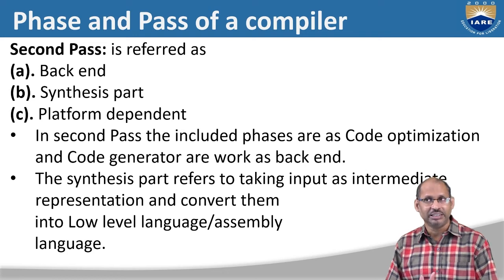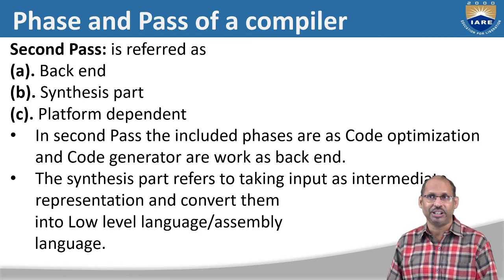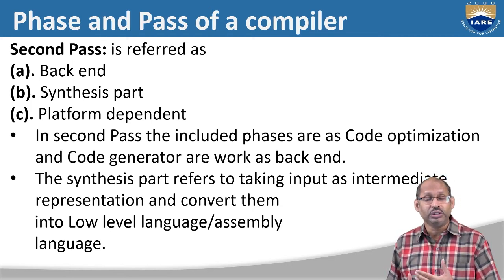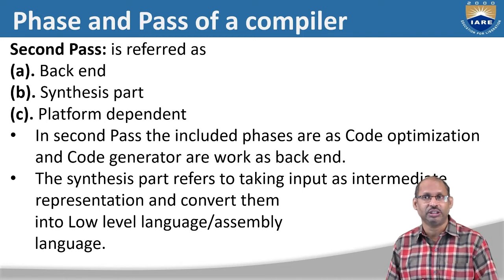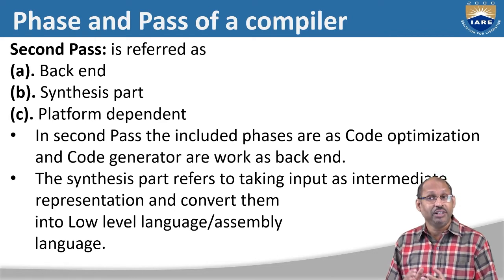Here it will consist of code optimization and code generation. This will take the intermediate code representation as input, and the code optimizer tries to increase the efficiency of the intermediate code and reduce the size of the code so that execution will be faster and more efficient. Then it will send it to the code generator.